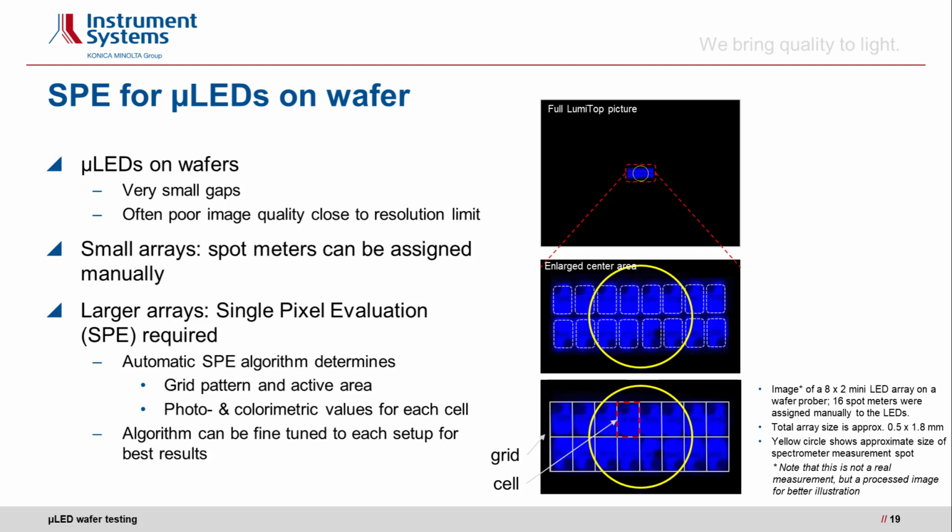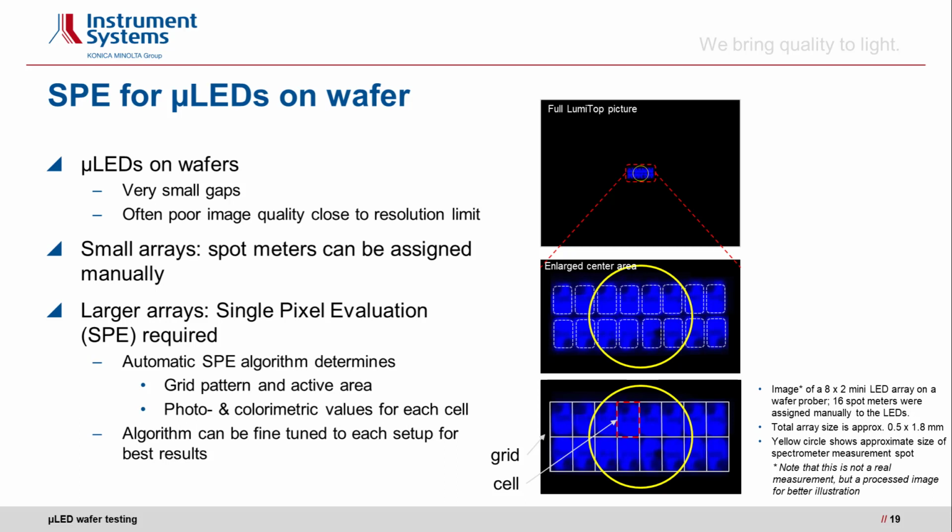This is actually an 8x2 die array on a wafer, and you see the upper picture shows the full Lumitop picture, and the illuminated array, the real measurement array, is only a very small fraction of this picture. So you have to zoom in and you see that these individual dies are very close to each other, and it's not so simple to identify each individual die.